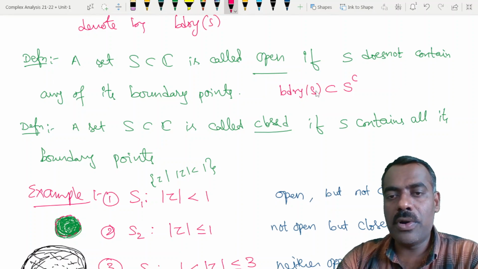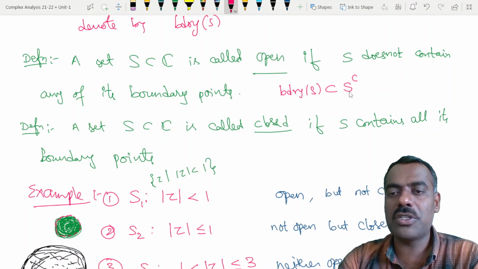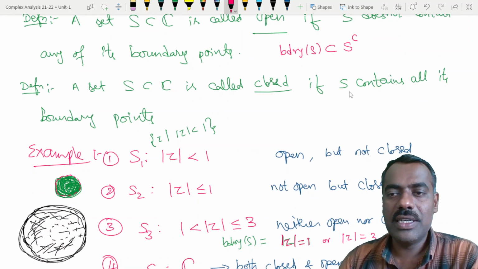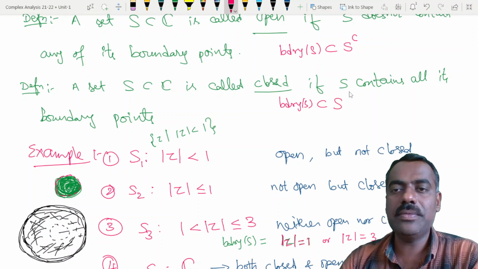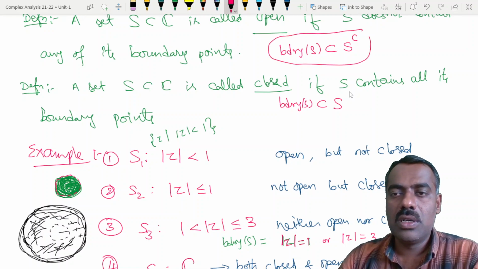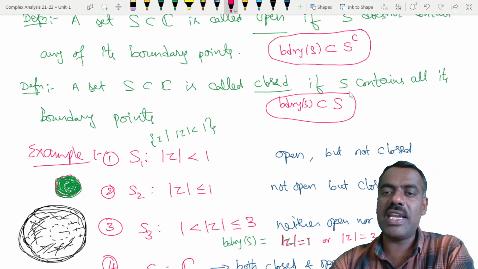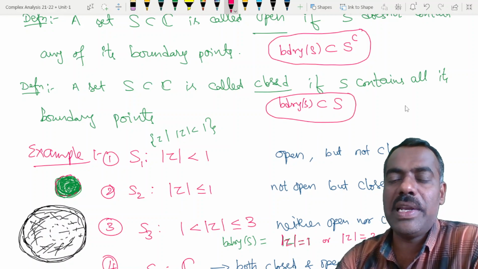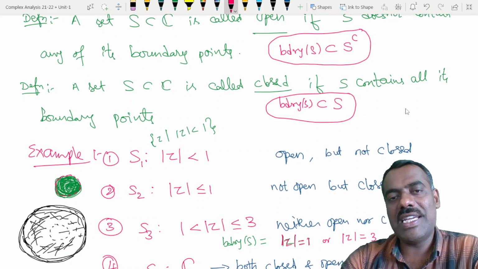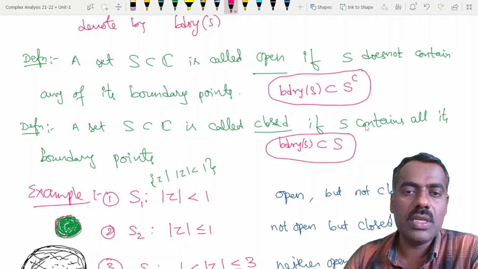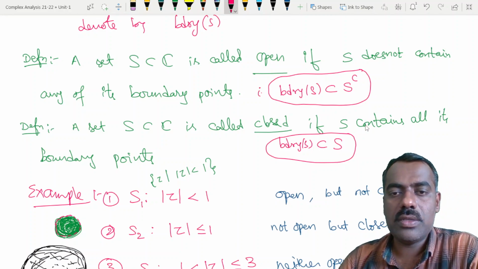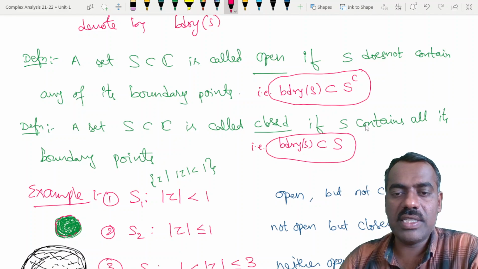No boundary point belongs to S. If S contains all its boundary points, then the boundary of S is completely contained in S, and we say it is closed. If the boundary is completely contained in S complement, then we say it is open. We have just written it in terms of notation.